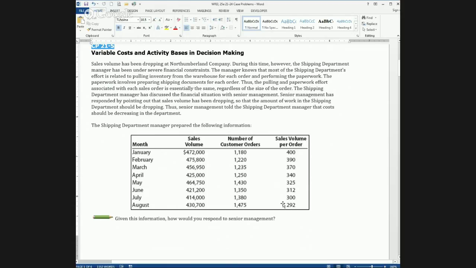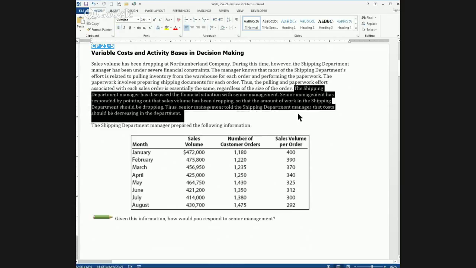So here's the issue that this case presents to you. The shipping department manager has discussed the financial situation with senior management, and senior management has responded by pointing out that sales volume has been dropping, so the amount of work in the shipping department should also be dropping. Thus, senior management told the shipping department manager that costs should also be decreasing.